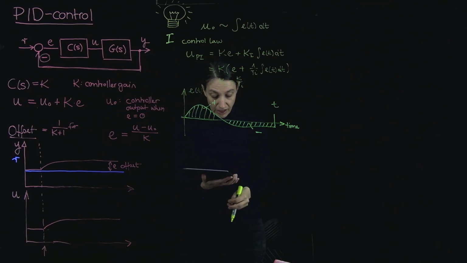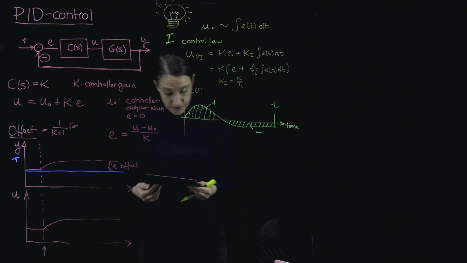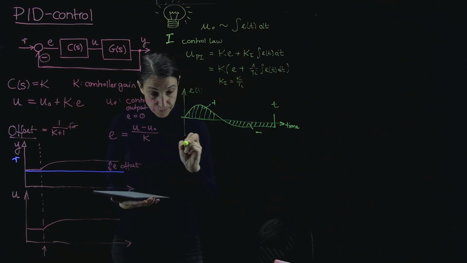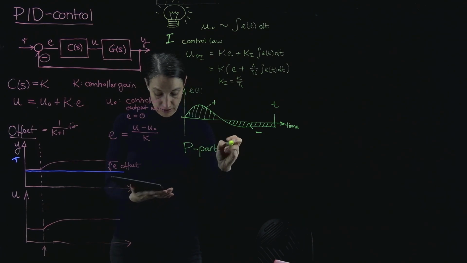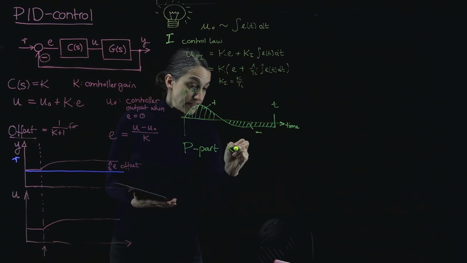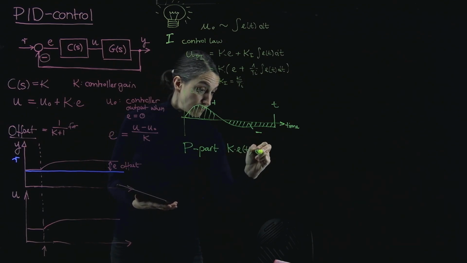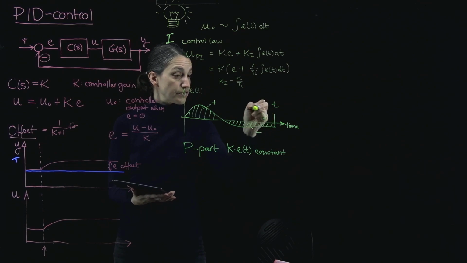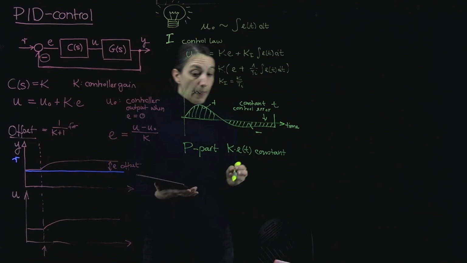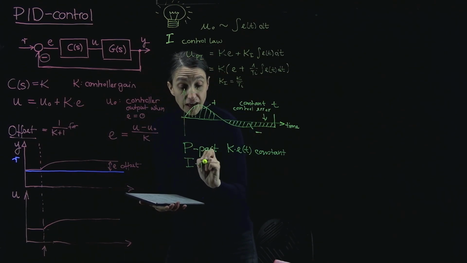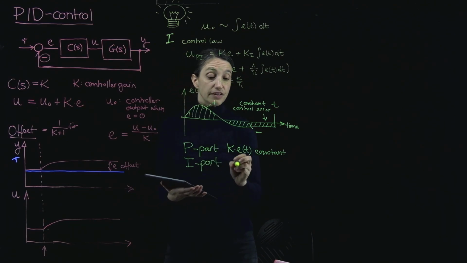Okay. So if we consider the control error, the P part says K times E of t is constant if I have this constant control error. But the benefit is that the I part looks as follows.